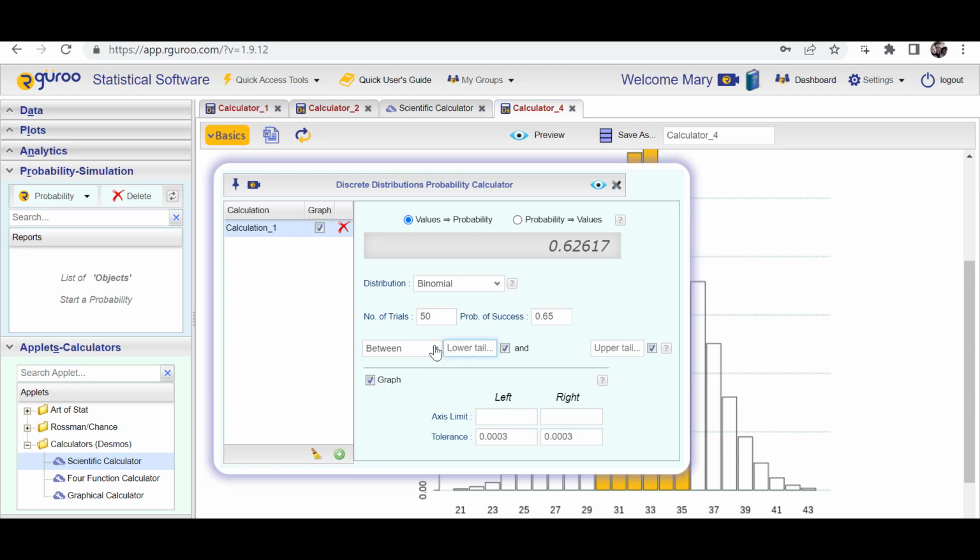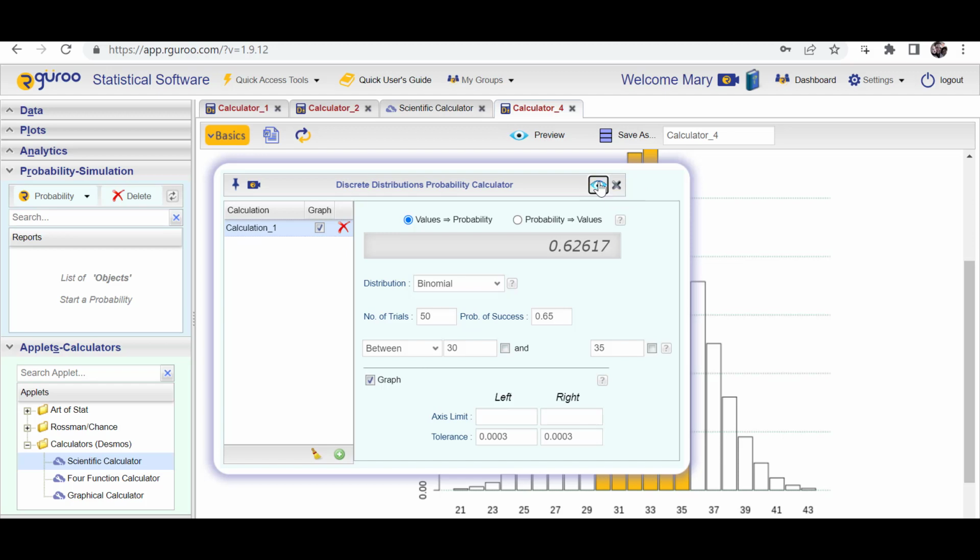So it's between 30 and 35, and it includes 30, so that's checked. If I didn't want to include 30, I'd uncheck it. If I didn't want to include 35, I wouldn't check it. And then that would go from 31 to 34.